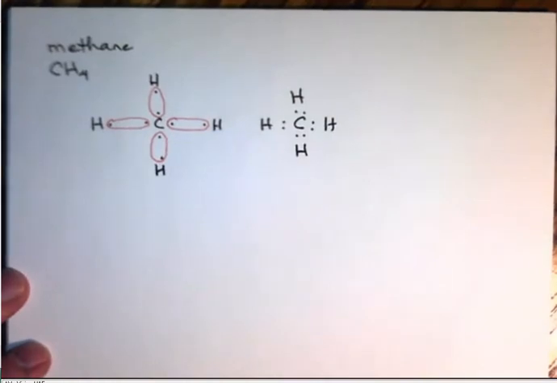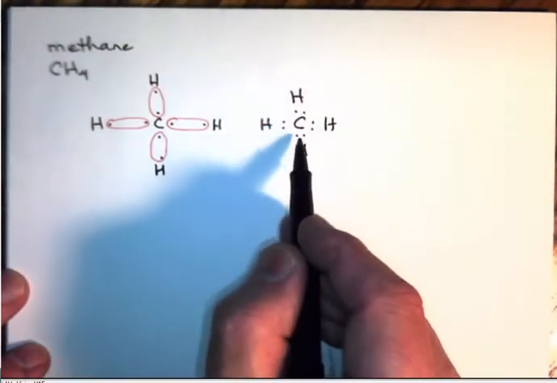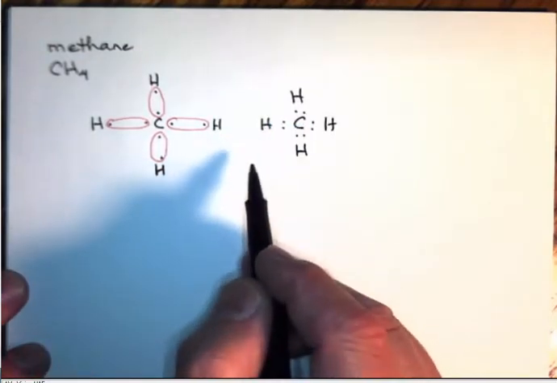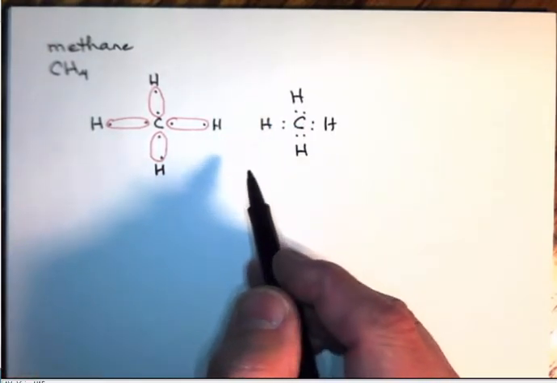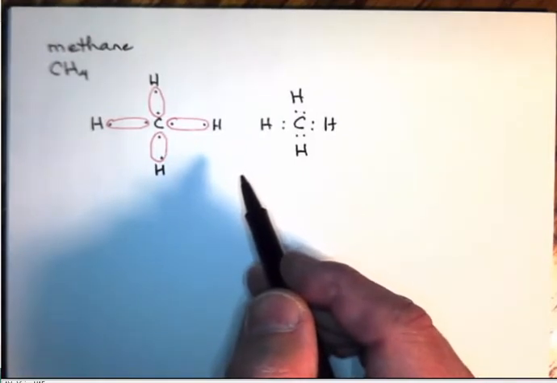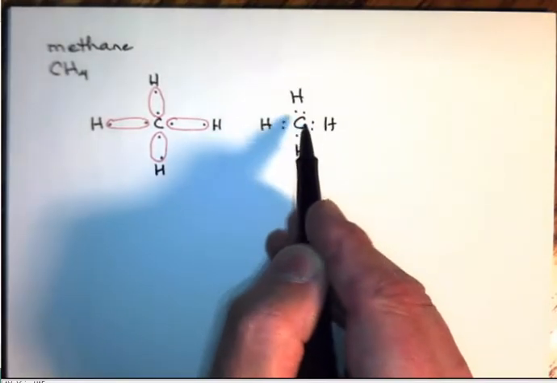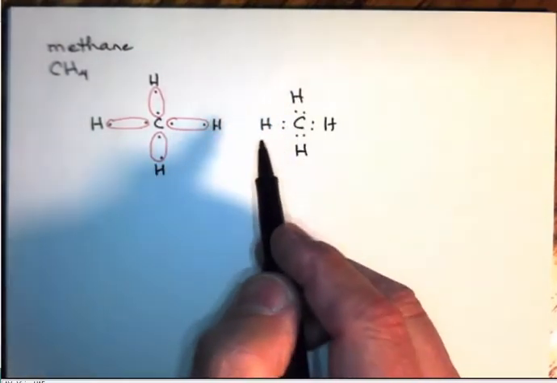Okay? And then we want to find the shape when I put 4 sets of electrons around the central atom. Remember, sets are lone pairs, and also sets are all the electrons shared between any 2 atoms. So between carbon and hydrogen, that's a set. Between this carbon and that hydrogen, that's a set. 4 sets.